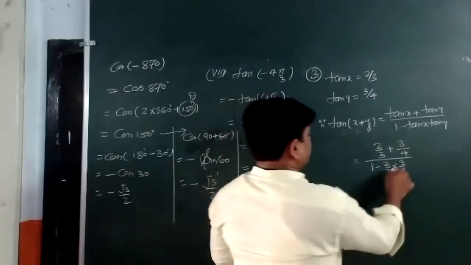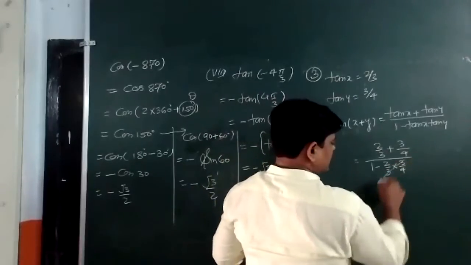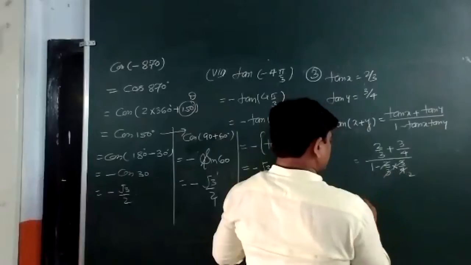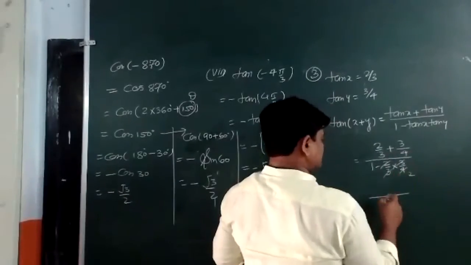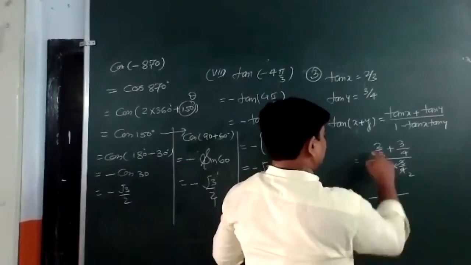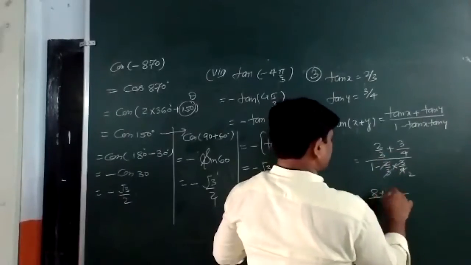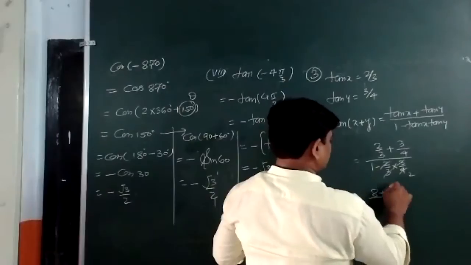Now we have to simplify it. For the numerator, the LCM is 12: 4 into 2 is 8, and 3 into 3 is 9.